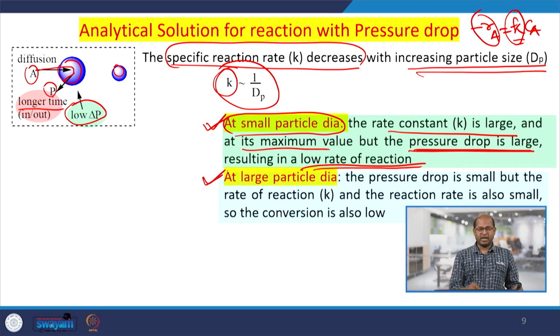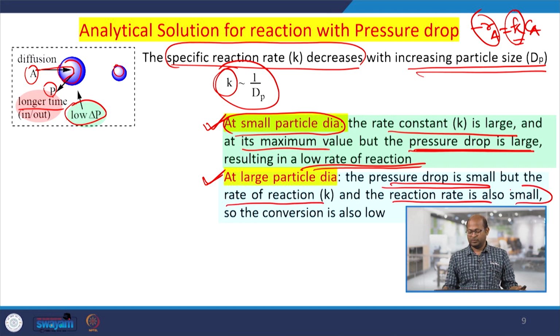If we have large particles, the pressure drop is small, that is our expectation. So when we increase the particle size, the pressure drop would be smaller. But the reaction rate constant and the reaction rate are small, therefore the conversion should be low.